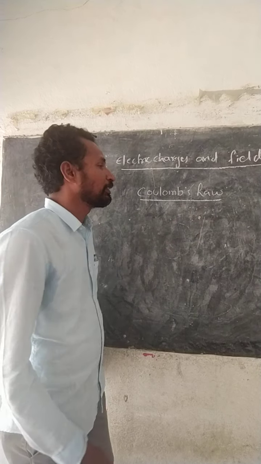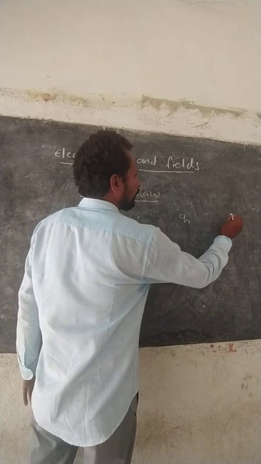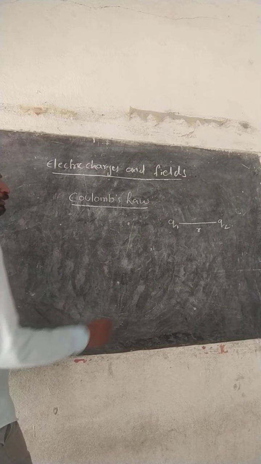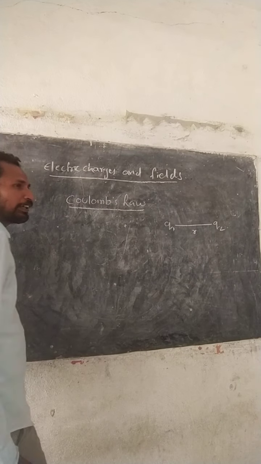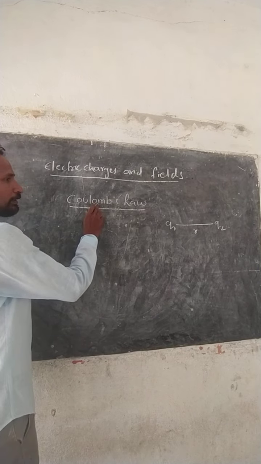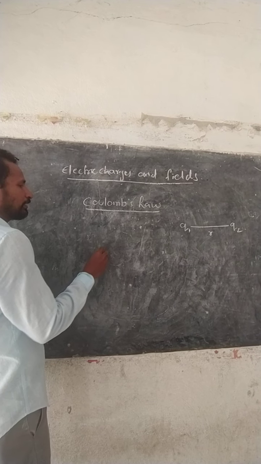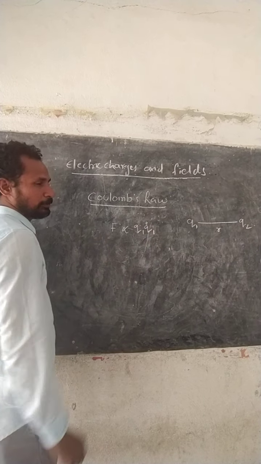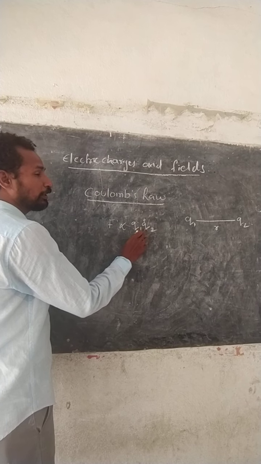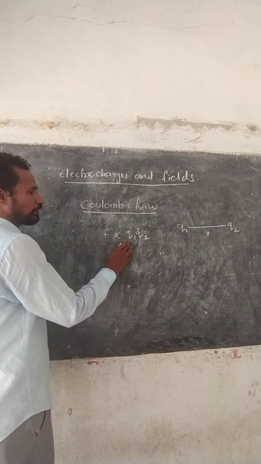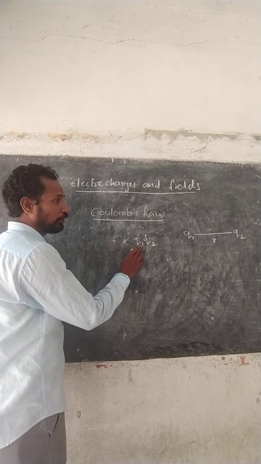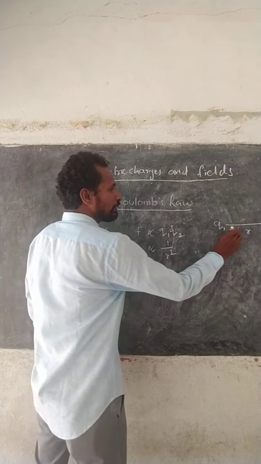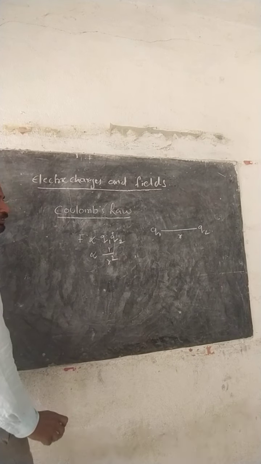Coulomb states that suppose we take two charges Q1 and Q2 separated by a distance R. The force between these two charges, whether attractive or repulsive, is directly proportional to the product of their magnitudes, that is Q1 and Q2, and inversely proportional to the square of the distance between the two point charges.